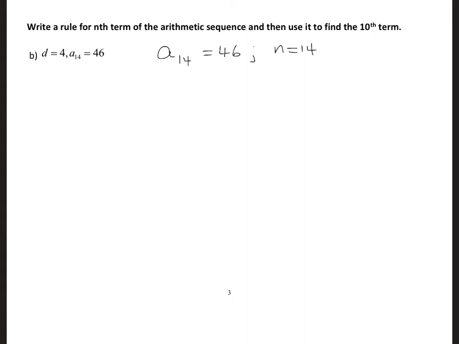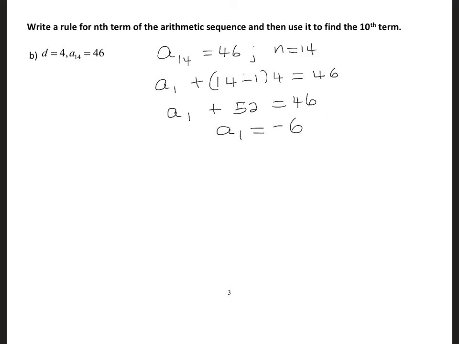Then I write the first term, which I do not know, plus 14 minus 1, multiplied by d, which is 4, and I should get 46. This is the same as the first term plus 13 times 4, which is 52, equal to 46. So that means the first term is negative 6.